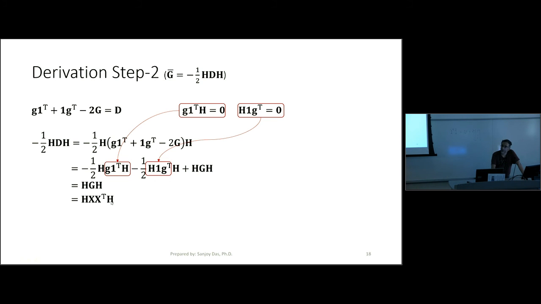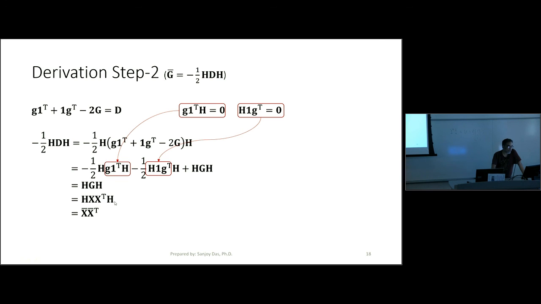And H is a symmetric matrix. So this is equal to HX. What is HX? The centered data matrix, right? That's why H is called the centering matrix, because if you pre-multiply it with the data matrix, you get the centered data matrix. And since H is symmetric, this is the same thing as H transpose.